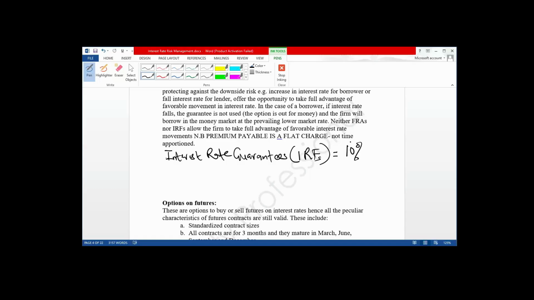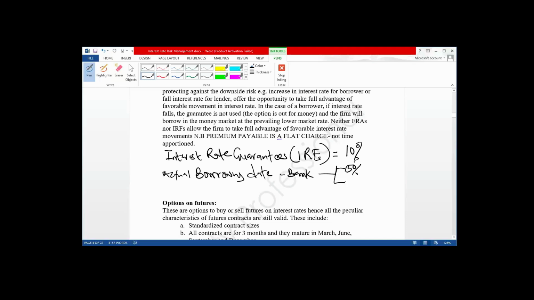On the actual borrowing date, you now get to your bank. The bank now gives you an interest rate of 15%.